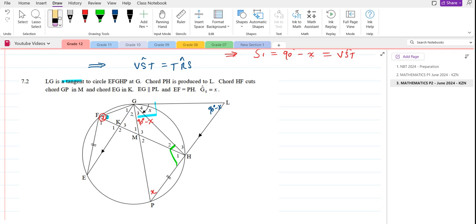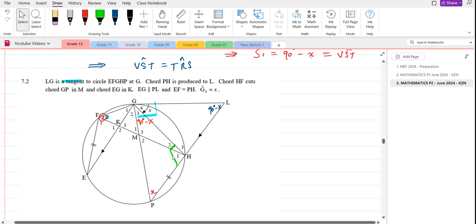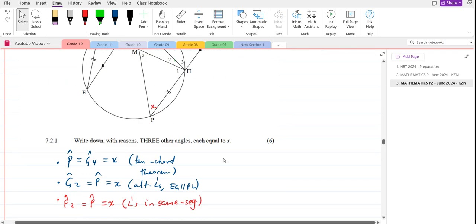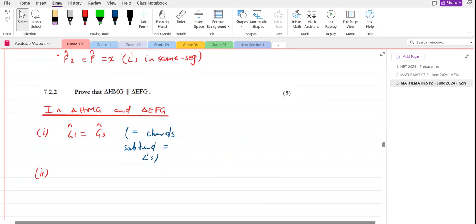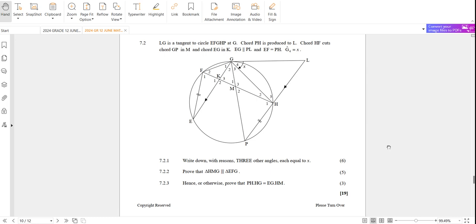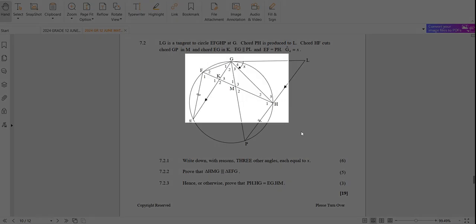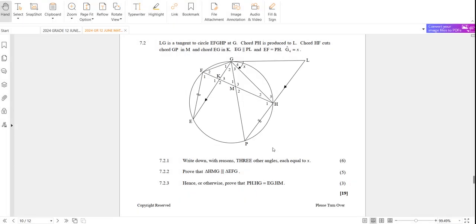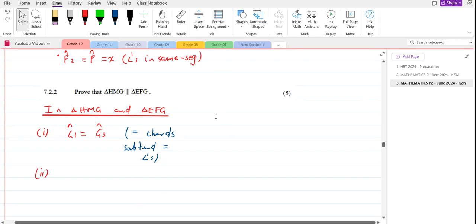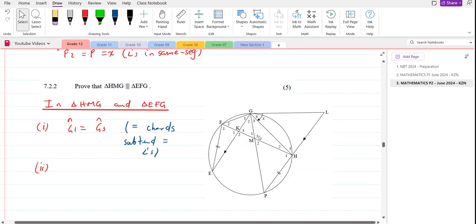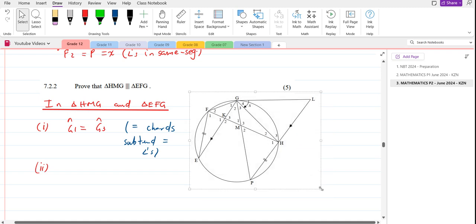Okay, I need a clean diagram because this is getting a bit too messy. Let's go back here to our diagram. We have to retake everything again and think about what to do. It's 5 marks, so we have to think about what we need to do.